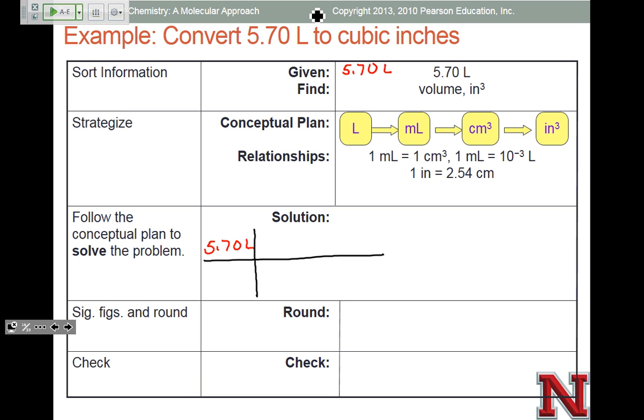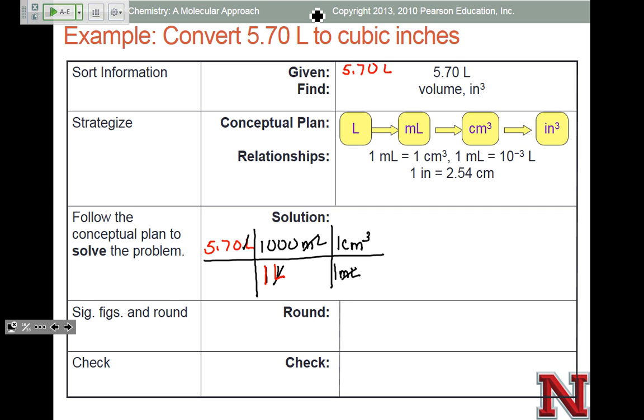Either way you do it, you're going to come out to the same thing. So I can cancel out my liters. Now that number would be in milliliters, but that's not what I want my final answer in. So I can convert that to centimeters cubed, which you should know that relationship. So my milliliters is going to go on the bottom, and my centimeters cubed on the top.